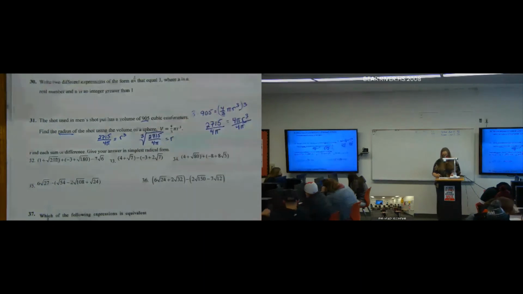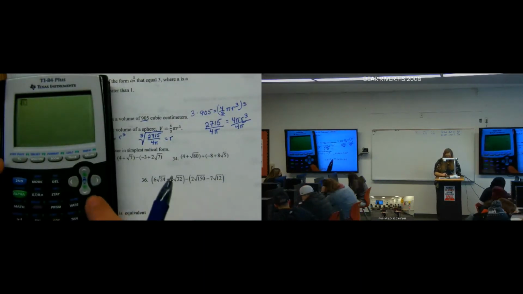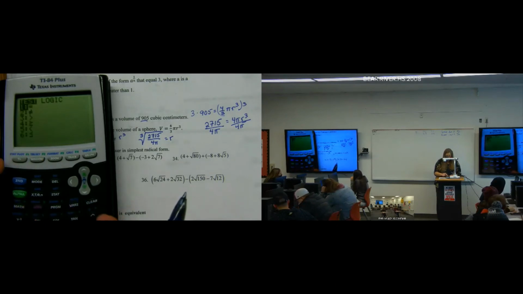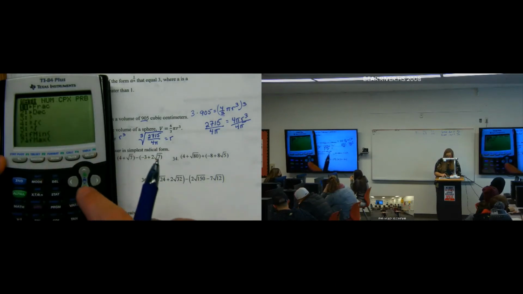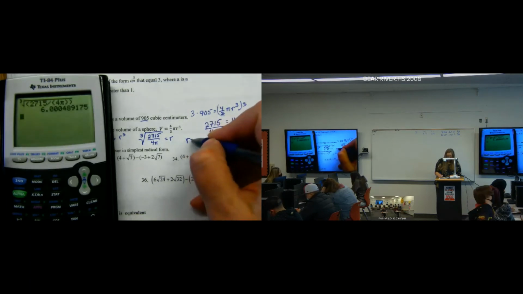Now, if you want to, you can put that in your calculator. Is that a good answer? Well, that's a valid answer, right? Of course it is. 2715 divided by 4 pi. And I get r equals 6.